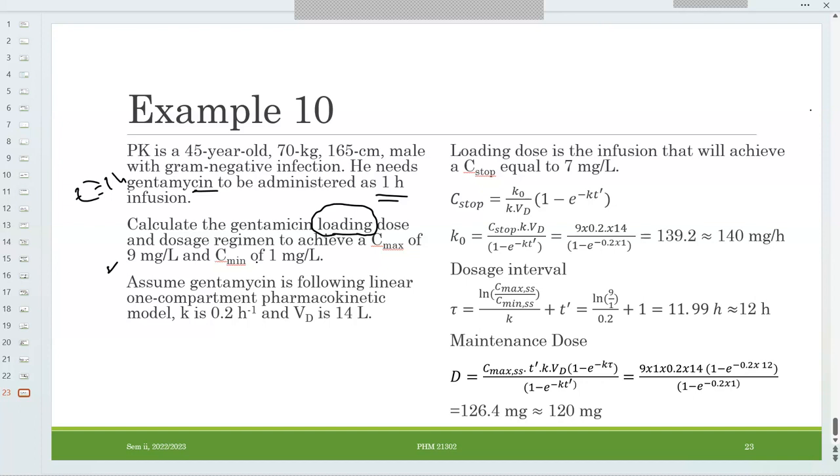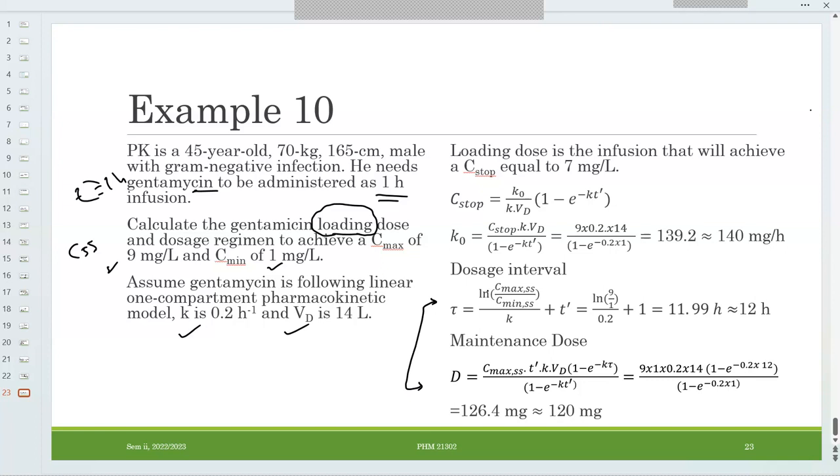If we say that the target is 9 and 1, definitely we said before that we calculate the dose based on steady state concentrations. We consider them the target steady state concentrations and give you the pharmacokinetic parameters. So before talking about loading dose, I just jump to the calculation of the dosage regimen.